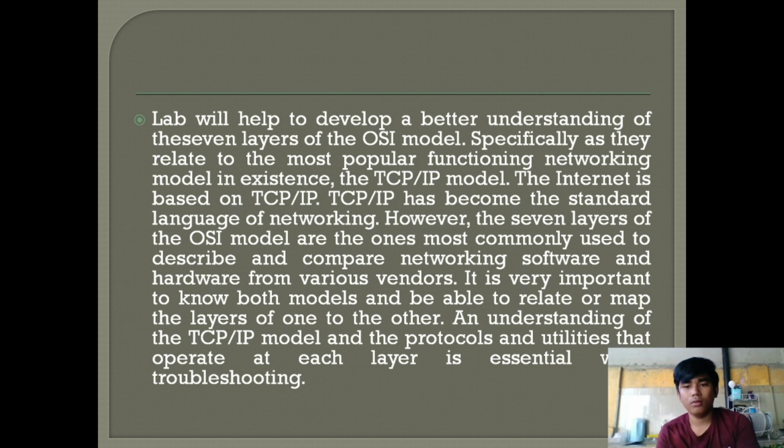However, the 7 layers of the OSI model are the ones most commonly used to describe and compare networking software and hardware from various vendors. It's very important to know both models and be able to relate or map the layers of one to the other. An understanding of the TCP/IP model and the protocols and utilities that operate at each layer is essential when troubleshooting.